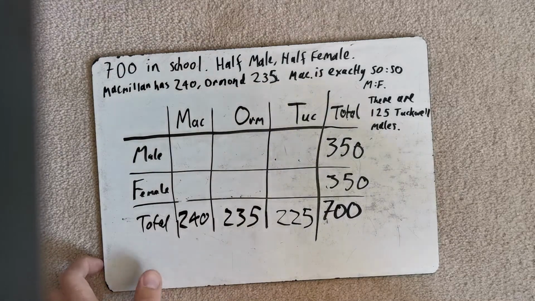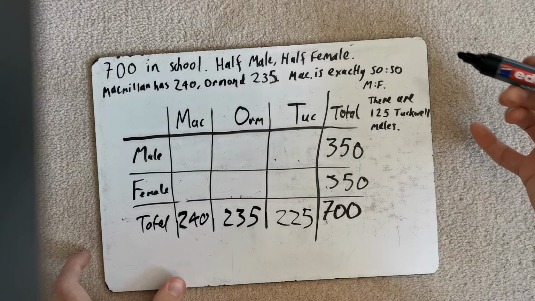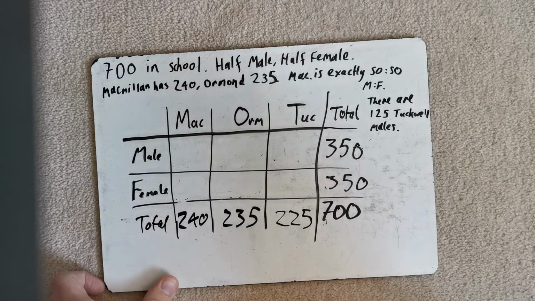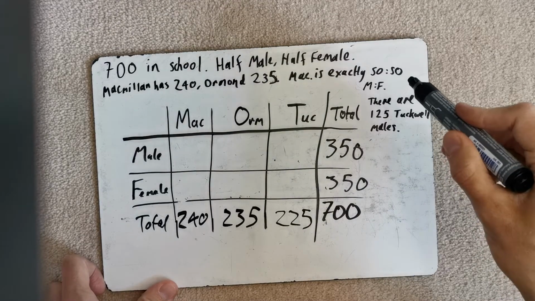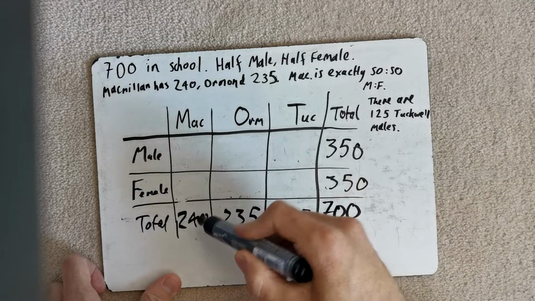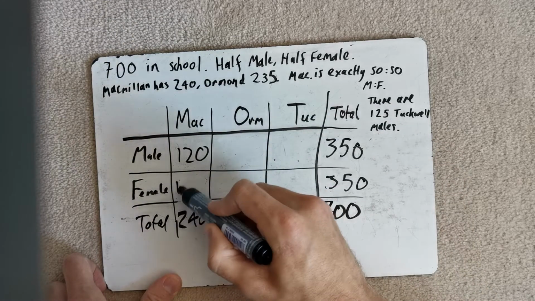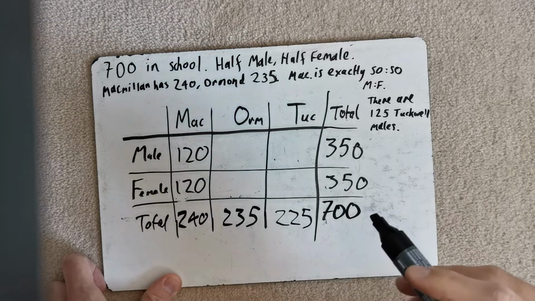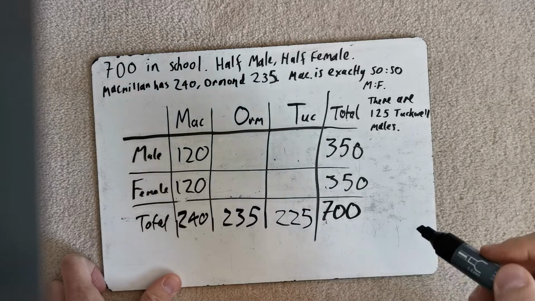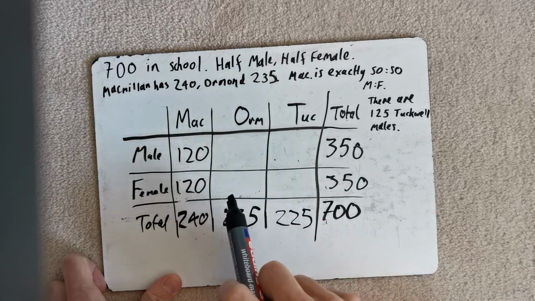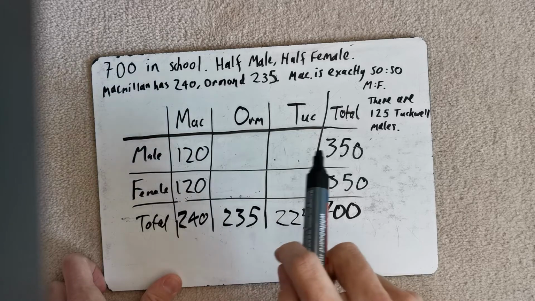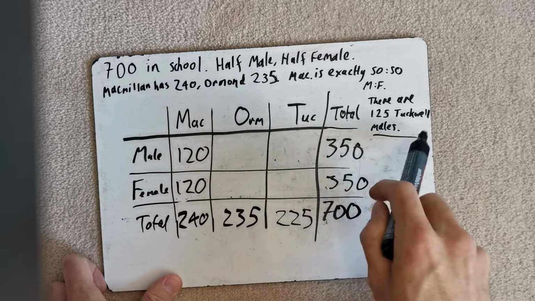Right, what other bits of information do we have? Macmillan is exactly 50-50 male to female. So that means half of the 240 will be 120, and 120 for male as well. We don't have any information for Ormond though, but we can use this information from Tuckwell in order to fill that out.